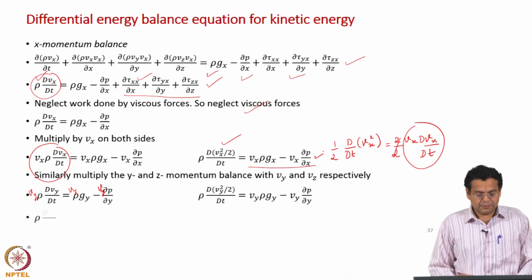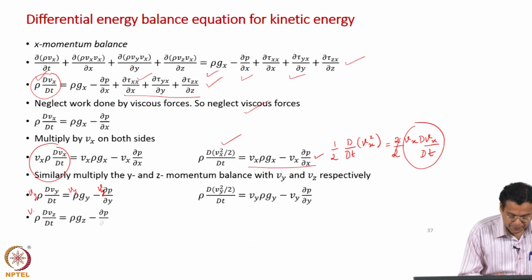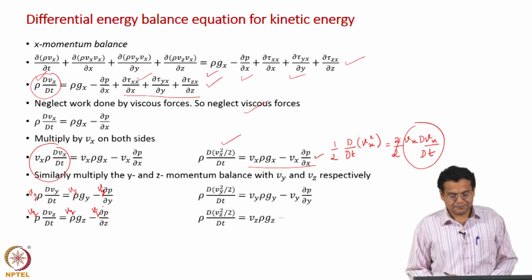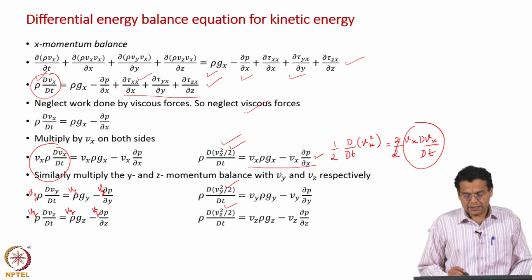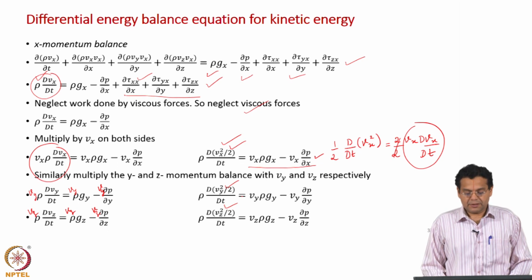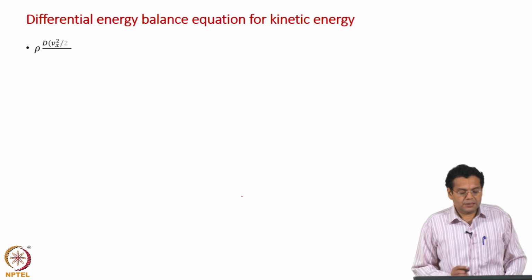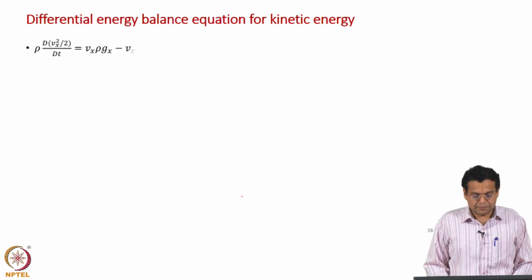Similarly, in the z direction as well, we multiply by Vz on both sides. So, it is multiplied by the respective velocities, so that we get here Vx squared by 2, here Vy squared by 2, and Vz squared by 2. Now, let us write down the equations which I have derived in the previous slide in all three directions.